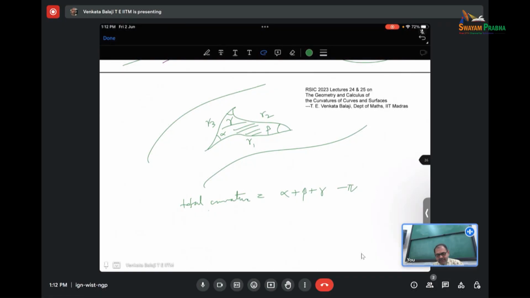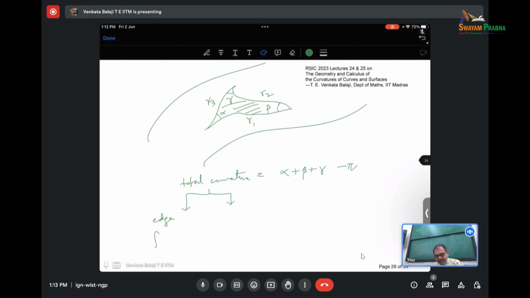There are two things happening now. There are two types of curvatures. In the edges, you have the integral over gamma 1 plus integral over gamma 2 plus integral over gamma 3 of what is called the sine curvature. I will call it Ks, and this should be the sine curvature total.